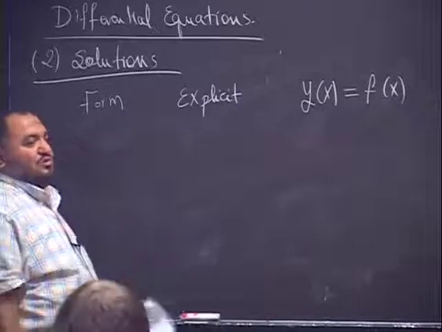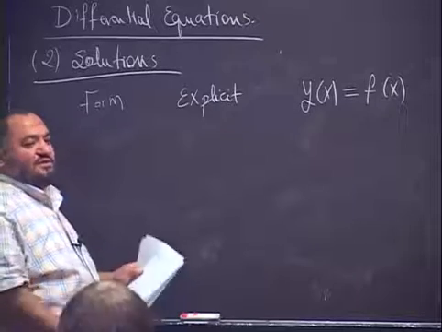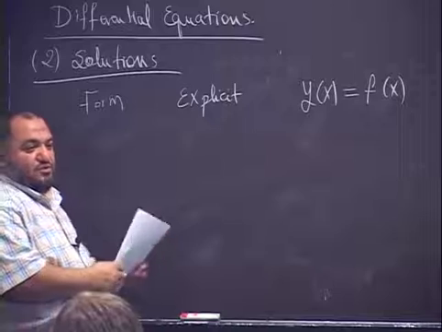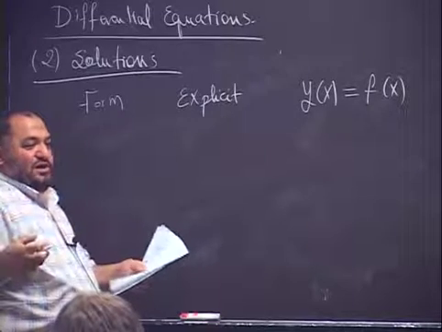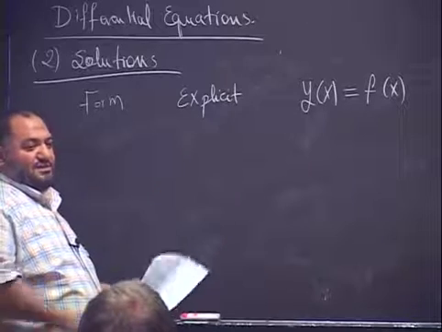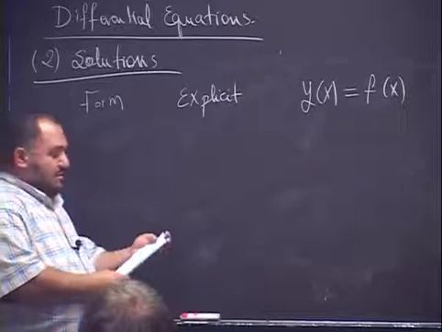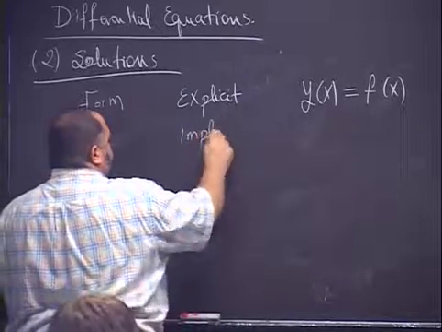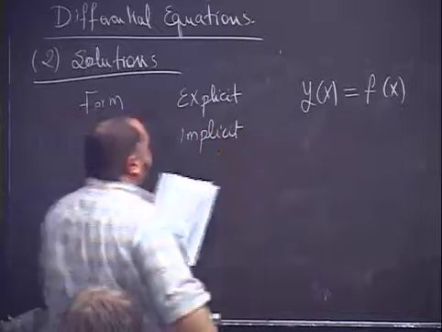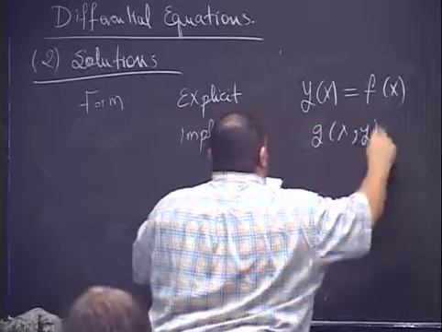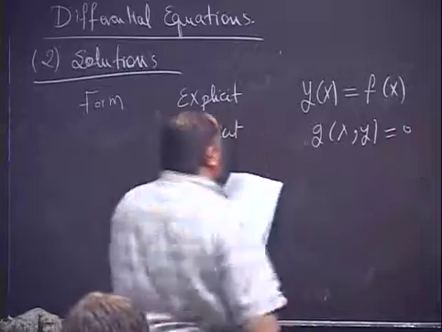Y of x equal to 3x e to the power of x sine cosine x, something like this. Some strange function of x. So as long as you separate y on the left hand side and the rest of the x's on the right hand side, this is called explicit. Okay guys? The other form is what? Implicit. And this will be just a function g of x, y equal to 0.